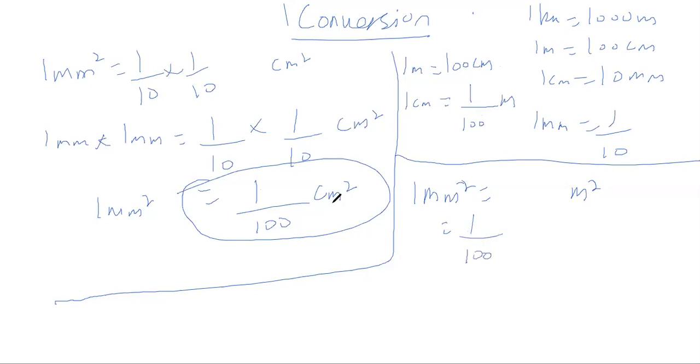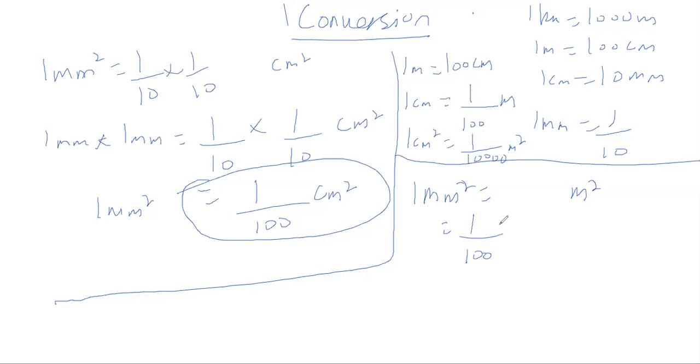Now as you have reached centimeter, from centimeter you need to go to meters. And you know that in 1 centimeter there are how many meters? 1 over 100. So just multiply this over here. Now you need to convert 1 centimeter square into 1 over 4 zeros meter square.